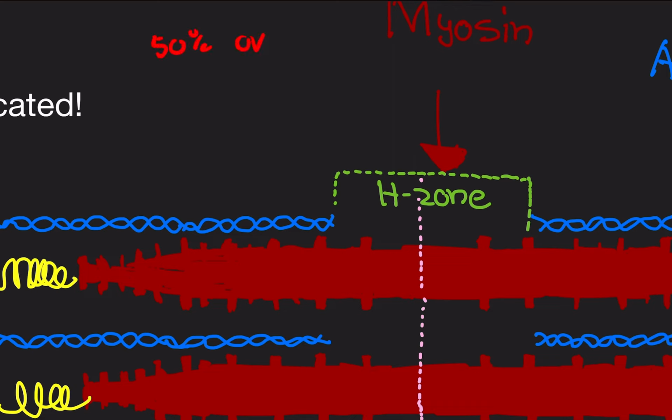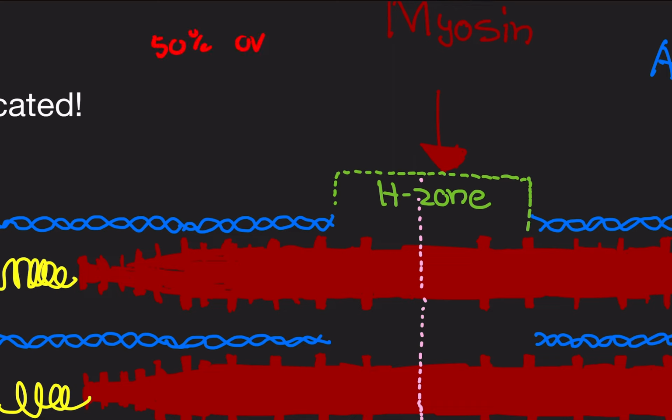Now during the contraction, let's just say there is now 75% overlap and 25% no overlap. Remember I told you the I band is the non-overlapping region where there's no overlap between actin and myosin? This is technically the I band. Let's do orange here. So this is the I band. I hope that makes a little more sense.